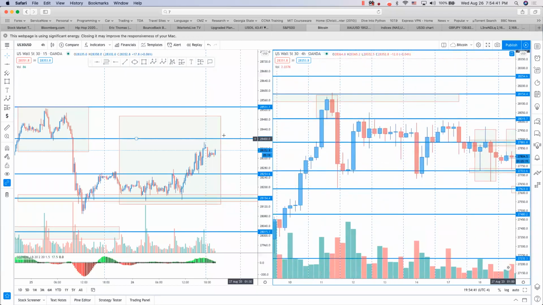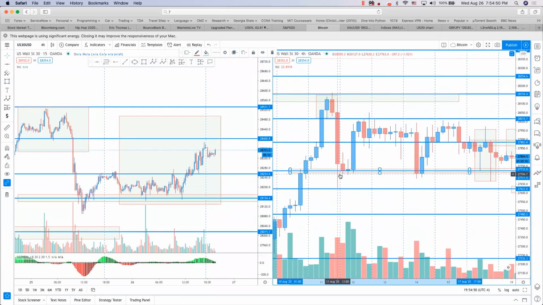Another example. This level right here. We already sold this, right? This went into consolidation, so of course this won't be as clean or as smooth.